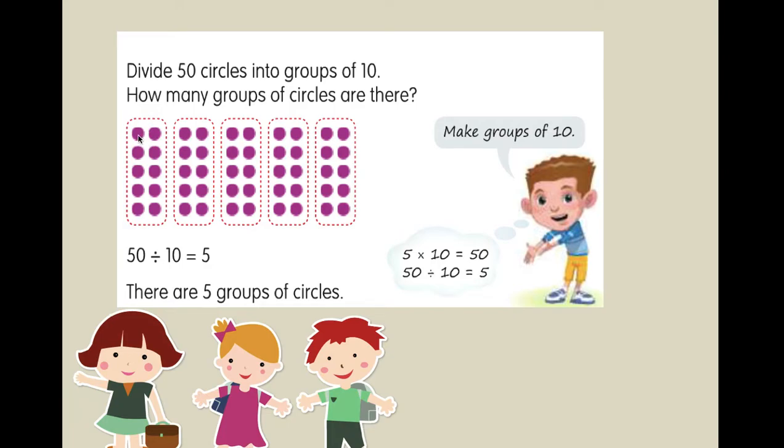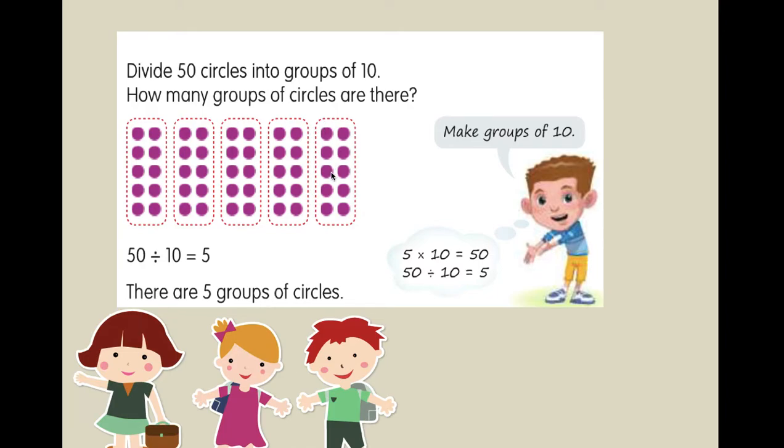Okay, look, 1, 2, 3, 4, 5, 6, 7, 8, 9, 10. So this is 10, this is 10, this is 10, this is 10, and this is 10. So I have put this in separate boxes. Okay, so we divided this into 10, 10, 10, 10, and finally 10.